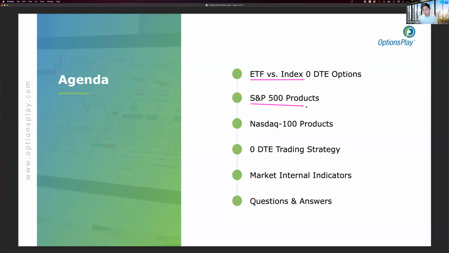Then we'll break down the two symbols that you can potentially trade, which are the NASDAQ 100 and the S&P 500. Within each complex, we want to talk about what the different products listed are, what the symbols are, how you can access each one, and what the differences are along NASDAQ 100 and S&P 500 trading products.